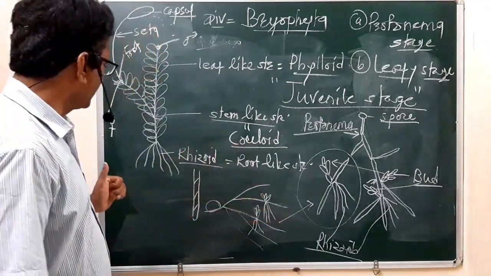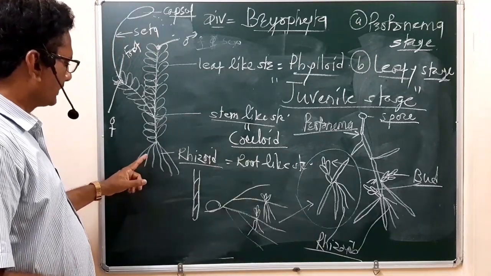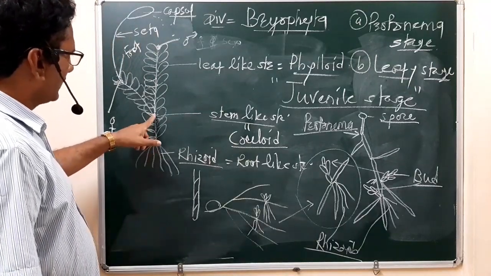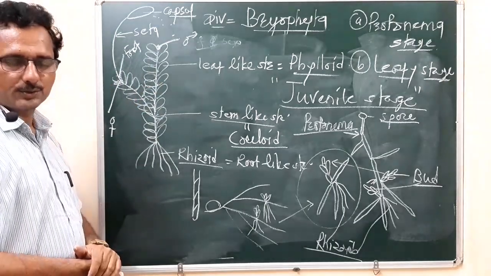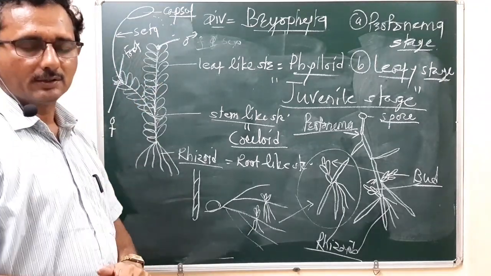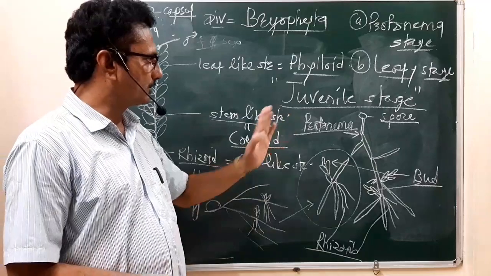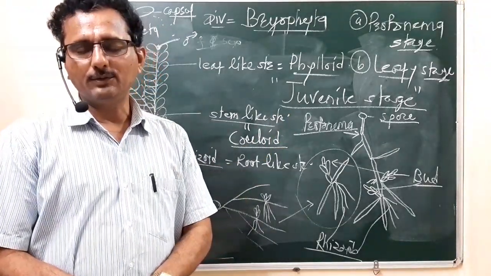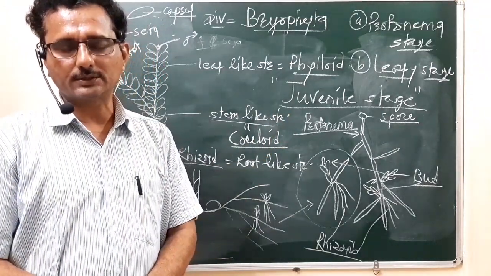What is the mature stage? The mature stage shows the presence of rhizoids, a stem-like structure and leaf-like structures. So I think you understand well what the juvenile stage of the gametophyte is in the case of mosses.